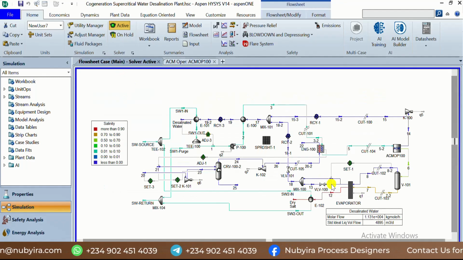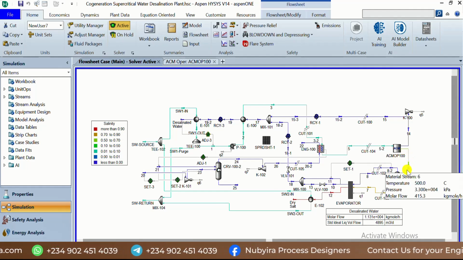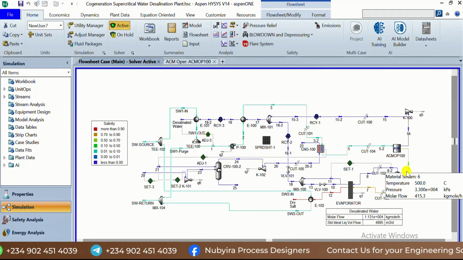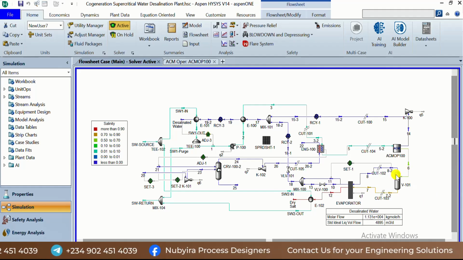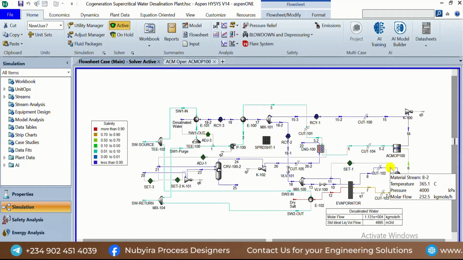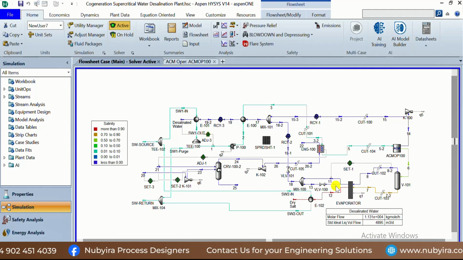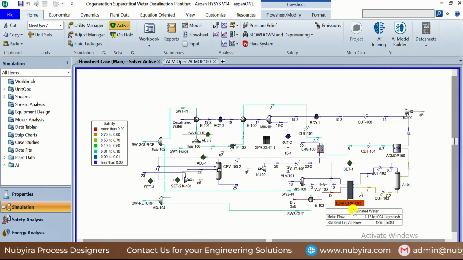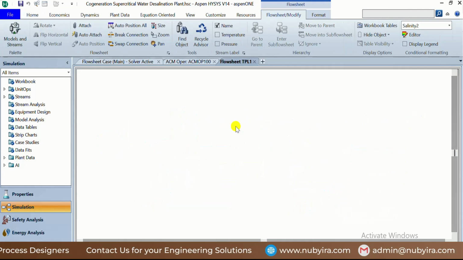After you get your high concentration brine, you send it to this 4-stage flash to generate more steam, which is used to power a forced circulation evaporator. To see the forced circulation evaporator, I can open it as a flash.